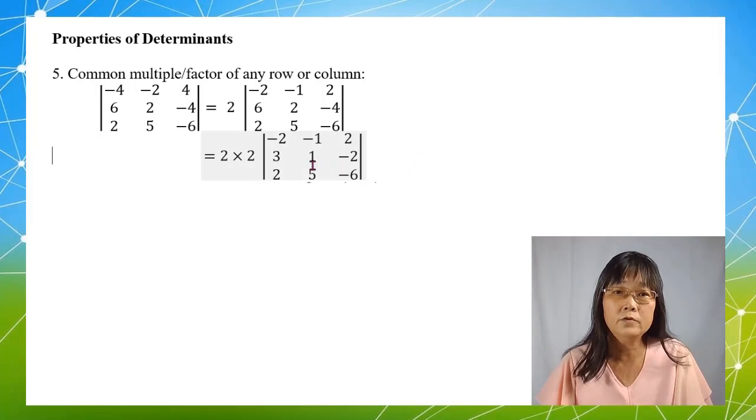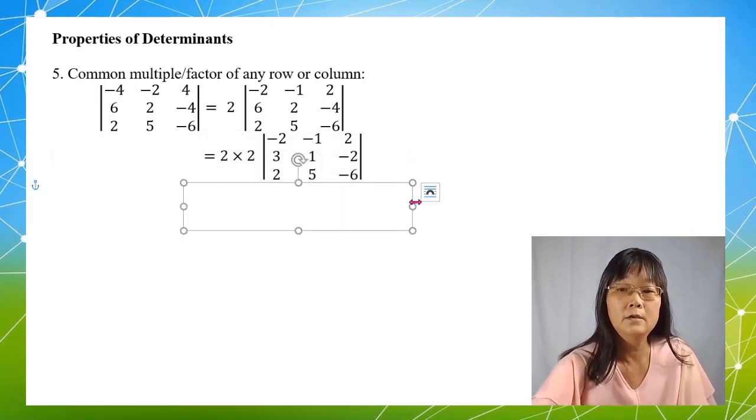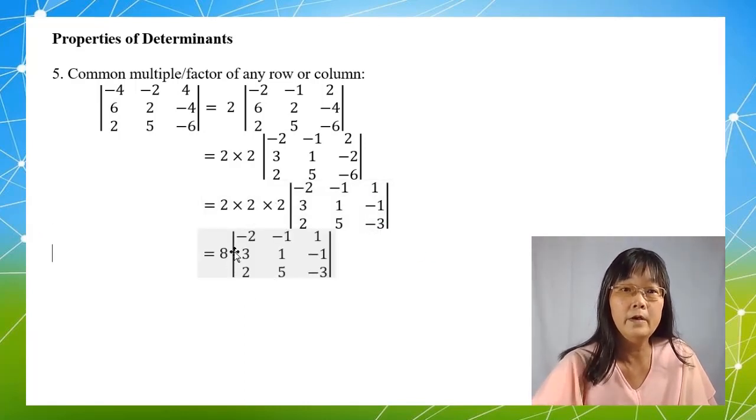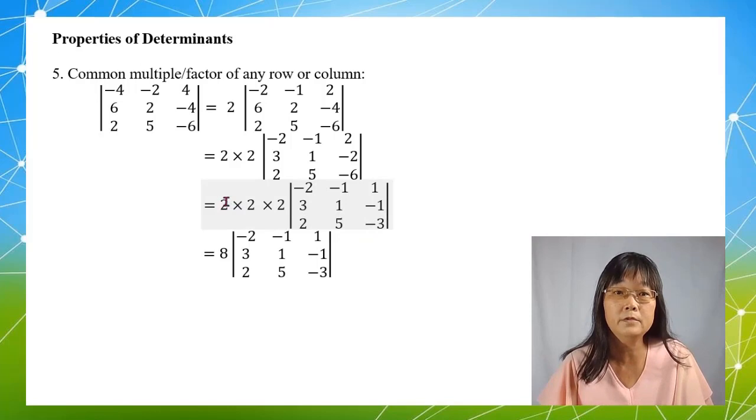But after that, we also notice that all the elements in column 3 are multiples of 2. So once again, we can factorize the 2 out from column 3. So now column 3 becomes 1, negative 1, and negative 3. After we finish, we combine all the multiples outside, which becomes 8.